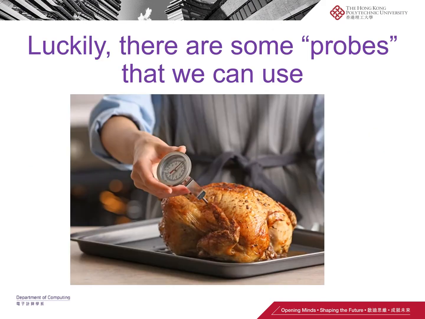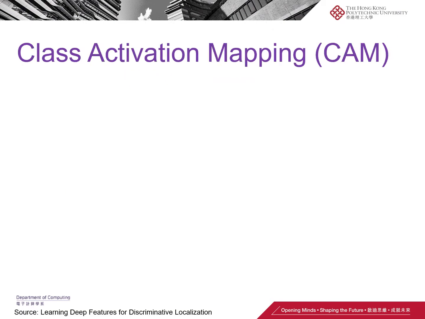Fortunately, for things we don't know from the inside, we can use some probes to test them so we can understand them from the outside. And we have some tools like that as probes. Class activation mapping is one of them, and sometimes we call it CAM for short. The idea is, let me draw the framework of a CNN for you for easier understanding.